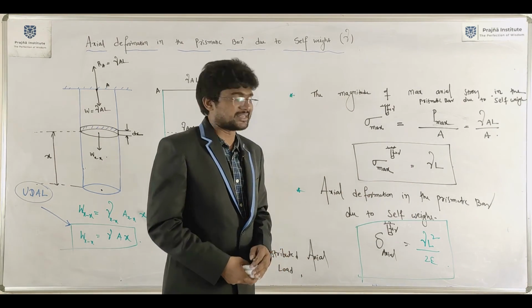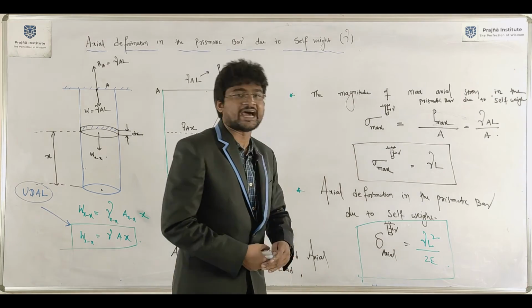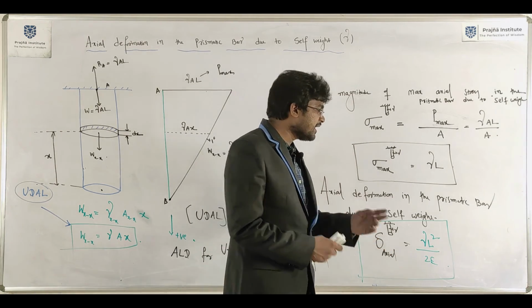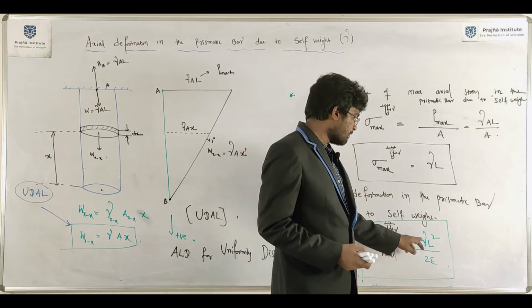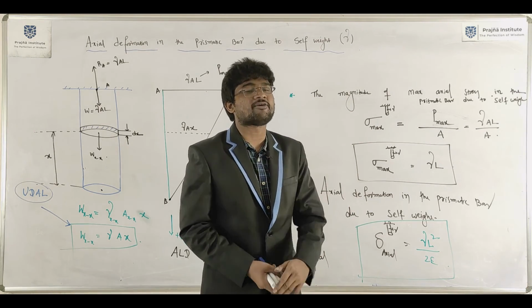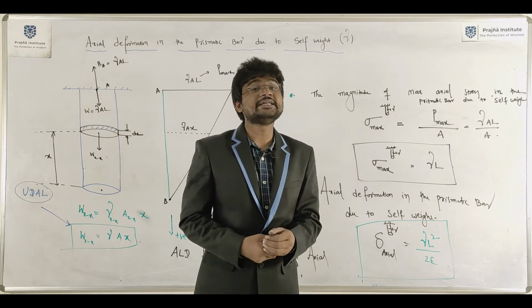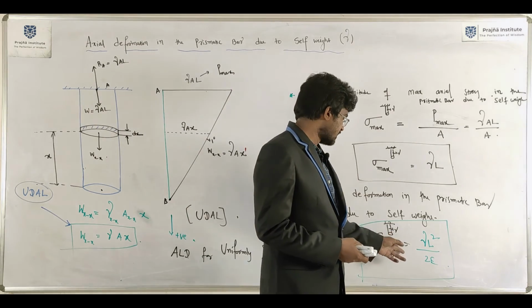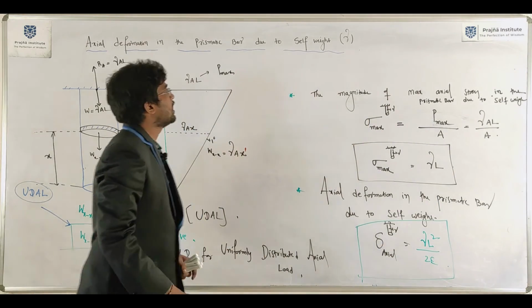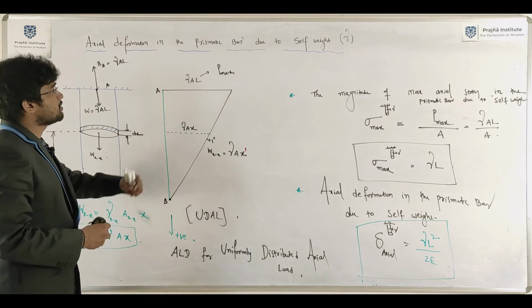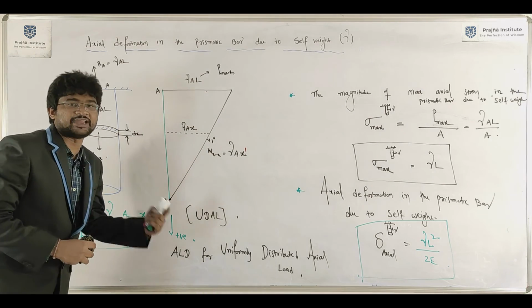Axial deformation depends only on gamma, the type of material, and not on the cross section. This is all about axial deformation in the prismatic bar due to self weight.